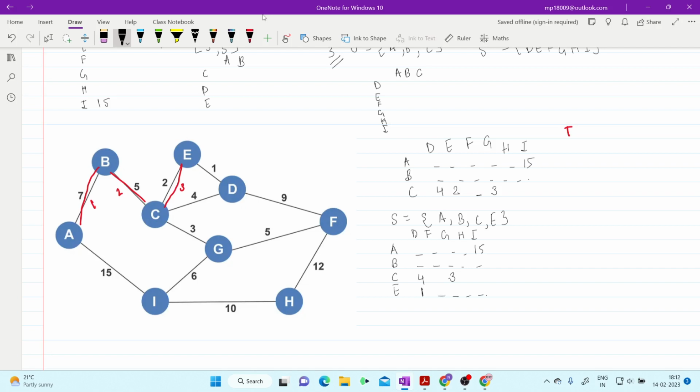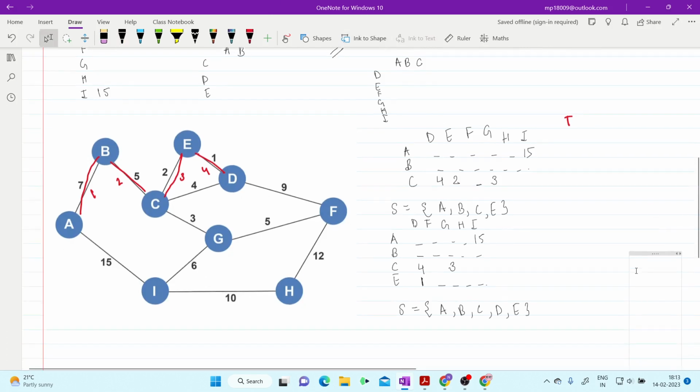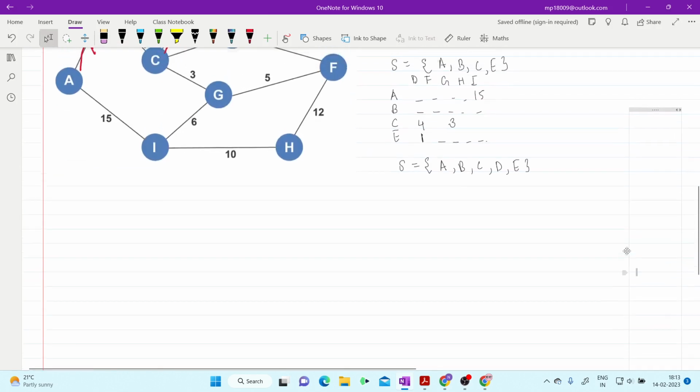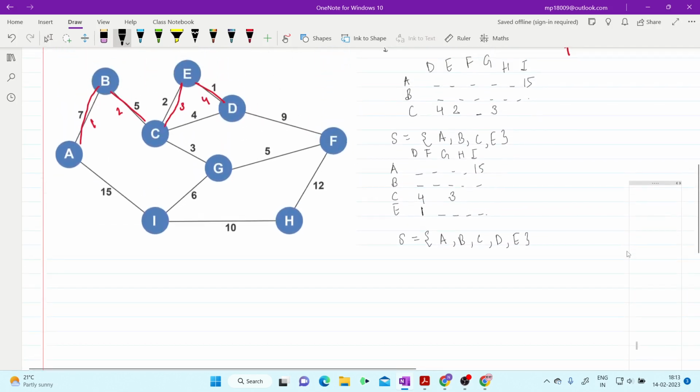So now what is the next iteration? What is the next edge? Clearly ED, it is ED. Now our S becomes A, B, C, D, E. So now we compute the minimum cut edge for this cut.